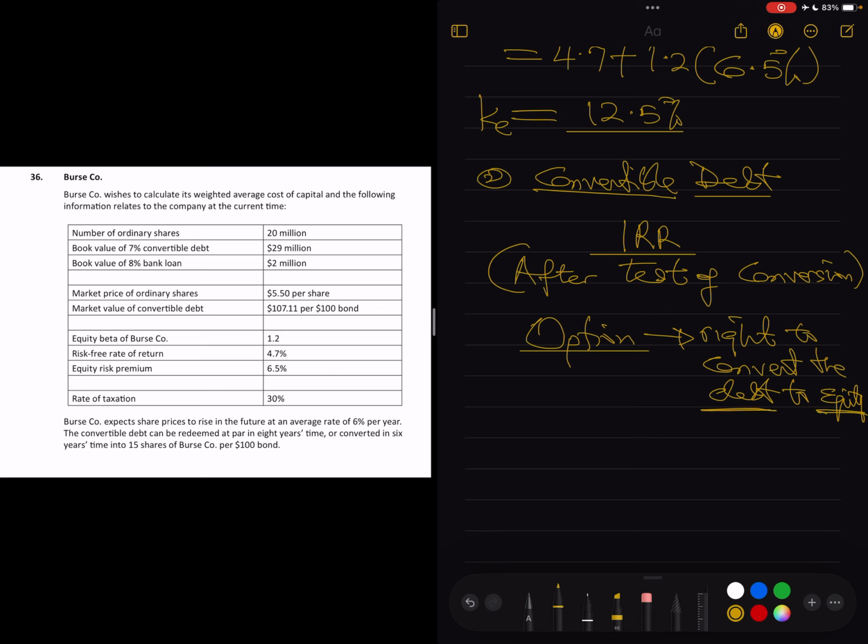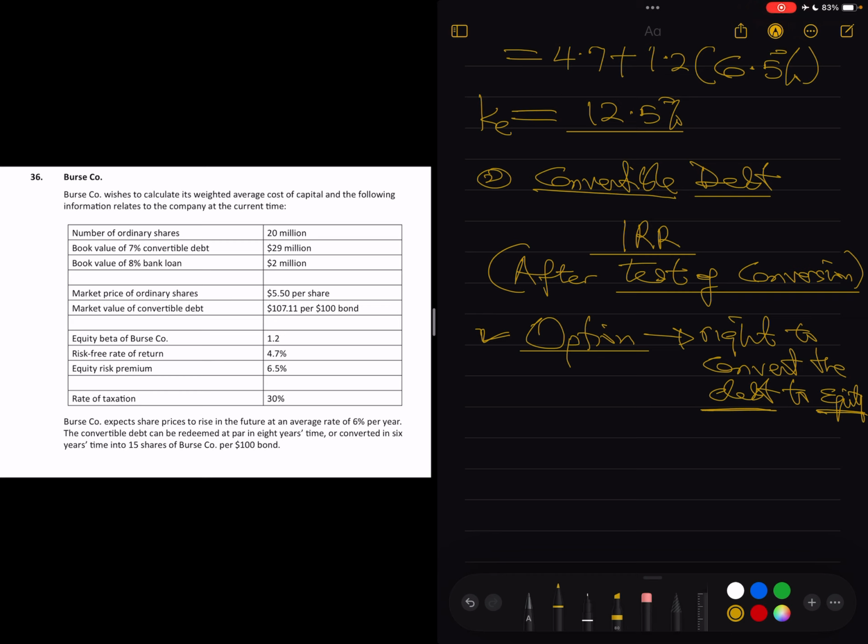You can tell the company, don't worry, you don't have to pay me back. Give me shares of your company so that I can become a shareholder. An investor has that right, so it depends on him whether he wants to exercise the option or not. Your test of conversion will check whether a rational, reasonable investor will exercise the option.